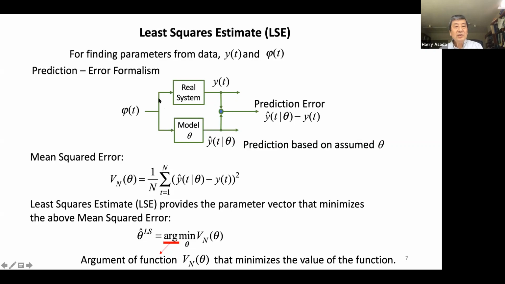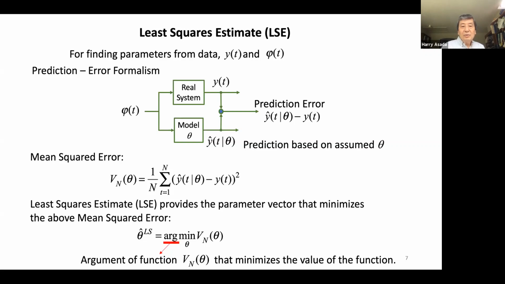This is the prediction error formalism. You can see almost exactly the same diagram in observers, in the Kalman filter, in system identification, and even in learning problems. You see this framework repeatedly, so this is very basic stuff.